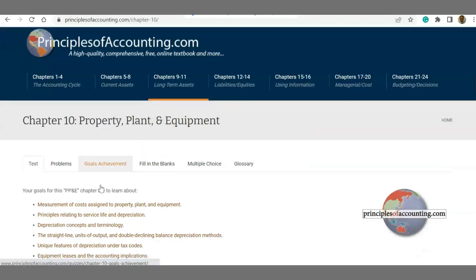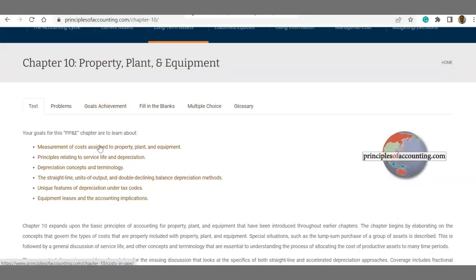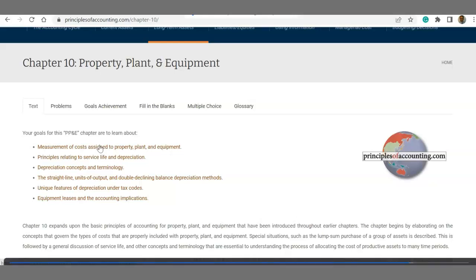So let's go to chapter 10. We're going to go over 3 parts and leave the other 3 for later. So let's go to measurement of cost.